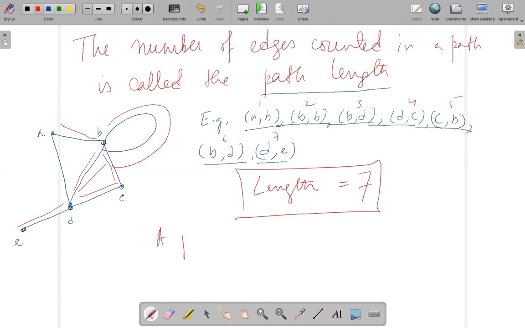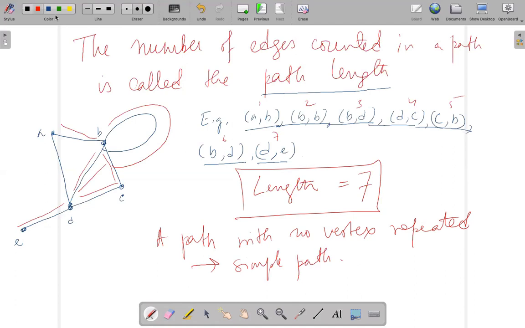Okay, a path with no vertex repeated is called a simple path. So this also means that there is no duplicate edge.